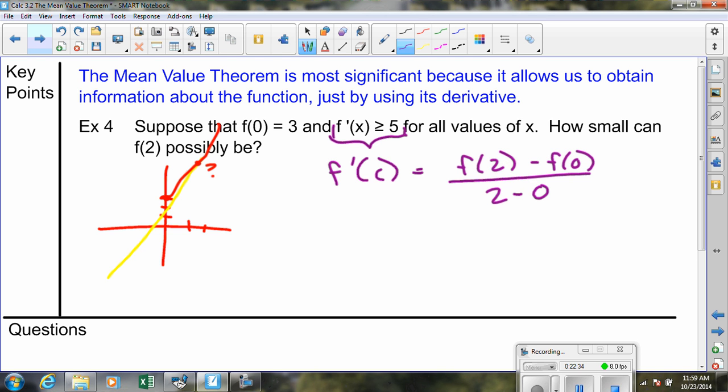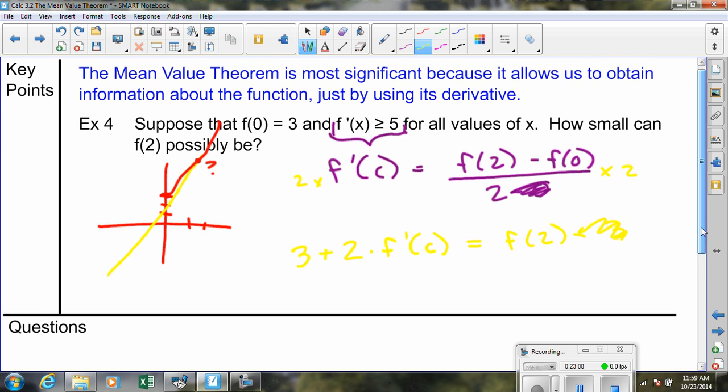Well, you'll note then this would be just the number 2. So we could multiply by 2. And if we multiply by 2, then that would tell us 2 times f prime of c is equal to f of 2 minus f of 0, which was 3, which would allow us to say plus 3 on both sides.